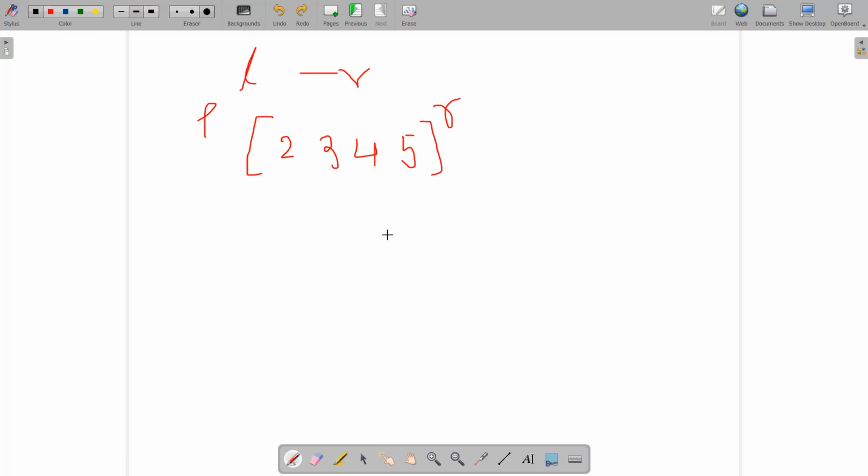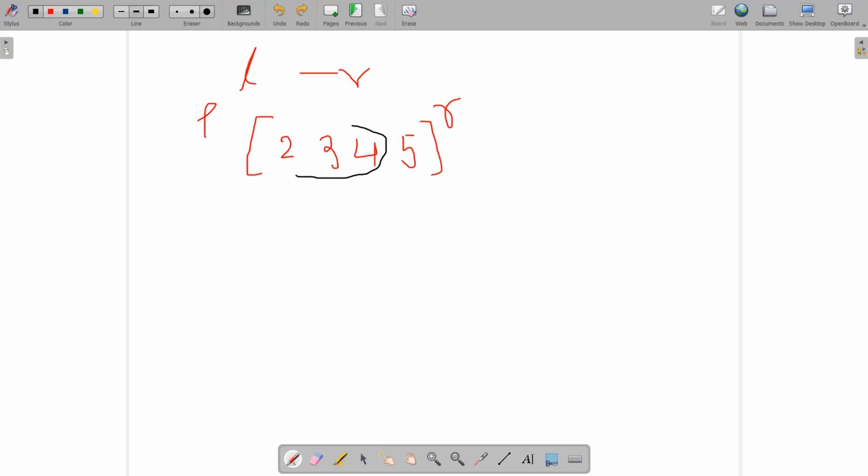If you're not understanding this, let us go a little deeper. If I pick up this element, the answer for this segment must be known, and if I pick up this element, the answer for this segment must be known.